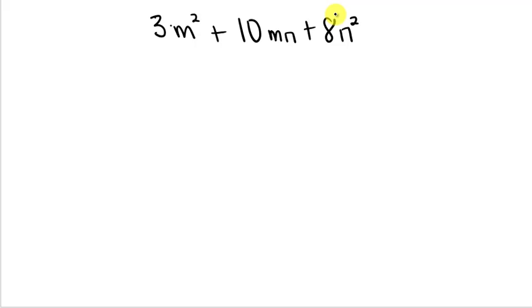Okay, let's go through that. Now, as it stands, the two main variables involved are m and n. If you look at the first term, we have m, which is squared. And if you look at the third term, we have n, which is squared. So what we are going to do is consider their coefficients.